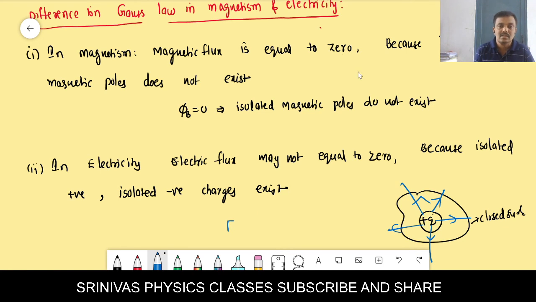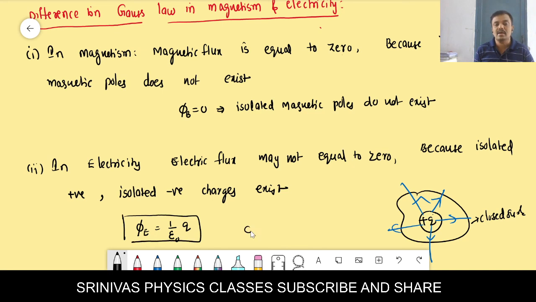But in the magnetic case, an isolated north pole does not exist; north and south both exist. If you take any closed surface, however many lines are leaving, that many lines enter. That's why magnetic flux is zero. Here electric flux is not equal to zero. The electric flux formula is 1 by epsilon times the charge enclosed. This may not equal zero.